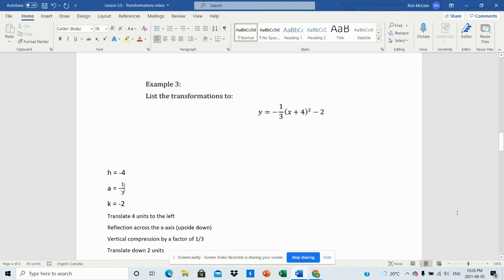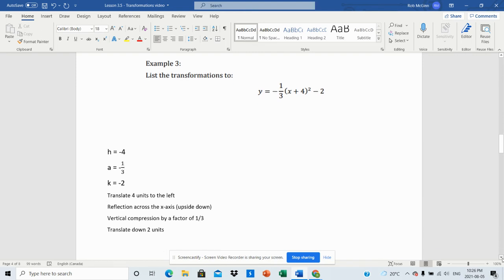In this case, because A is between 0 and -1, we have a vertical compression by a factor of 1/3. We won't mention the negative sign here when we talk about the vertical compression or stretch, because we've already mentioned that with the reflection. And then finally, k is -2, which means that we're doing a translation down 2 units.